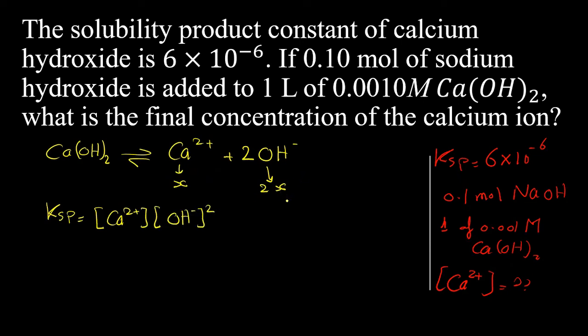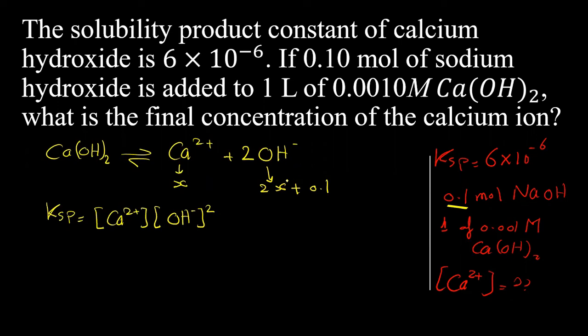But here, the hydroxide will be the common ion between this calcium hydroxide and sodium hydroxide. Here, the sodium hydroxide is 0.1, so we'll add 0.1 for the hydroxide. Here, we cannot neglect X. Why? Because here the solubility is not too much smaller.